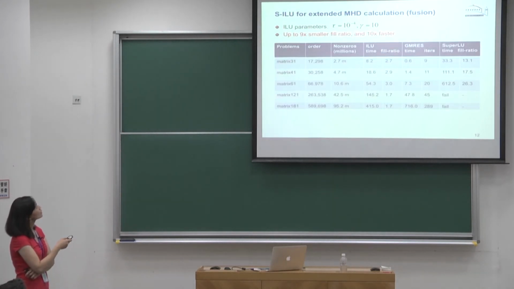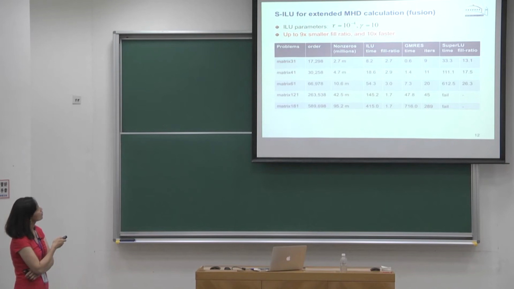So now we look at this more difficult problem. And the good news is that even for this multi-physics kind of simulation, this ILU is still quite reliable. And here I'm comparing ILU with the complete LU factorization. So this is a sequence of the same discretization problems, but with increasing size.